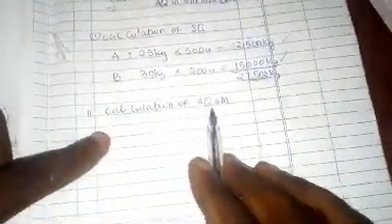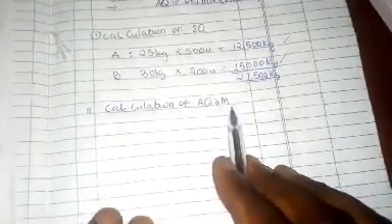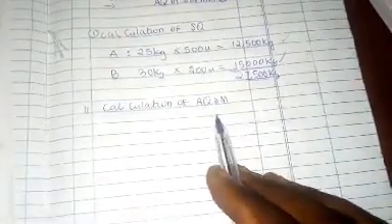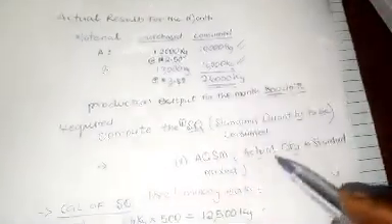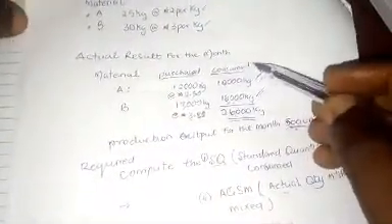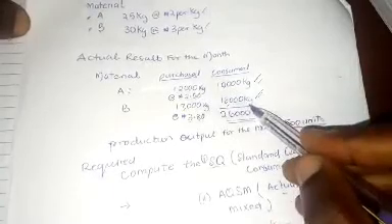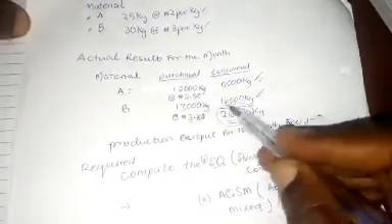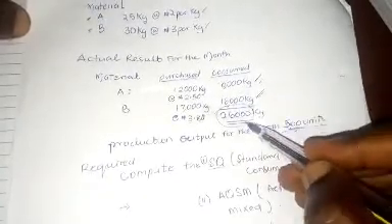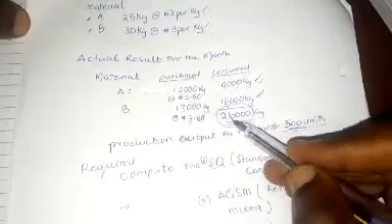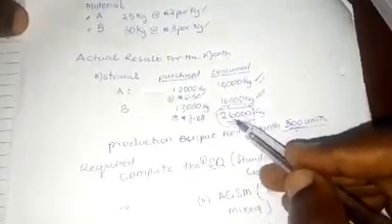All right, then secondly, we have the calculation of actual quantity in standard mix. Now what is the actual quantity? You are going to add the actual quantity of materials consumed, so it has been added here. When you add this total together, it will give you 26,000. Look at the magic I'm about to do.